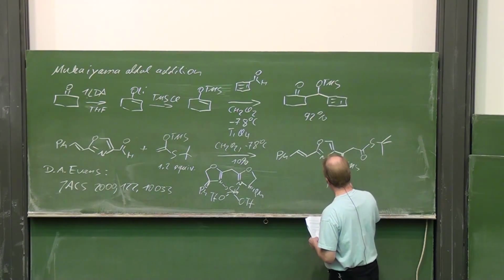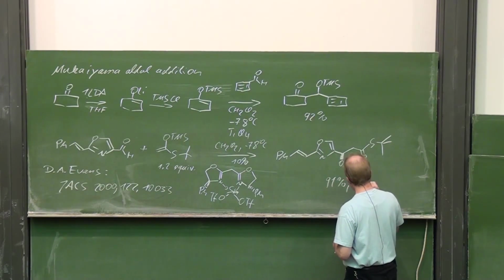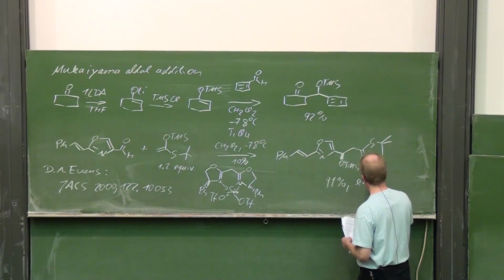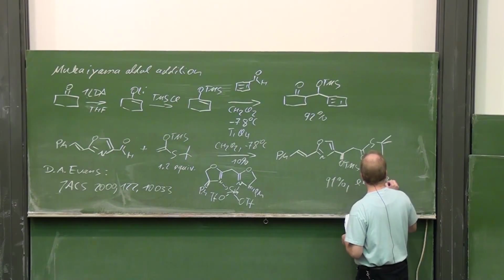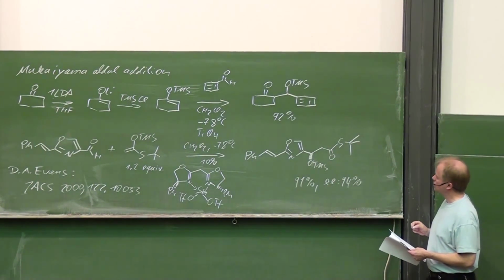So the yield is again above 91% and an enantiomeric excess of 94%, which is quite good.